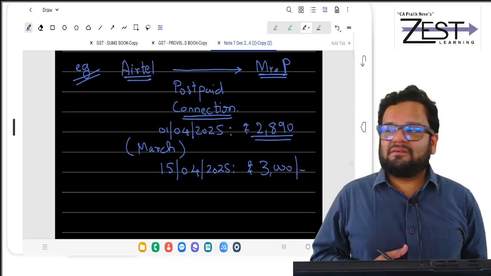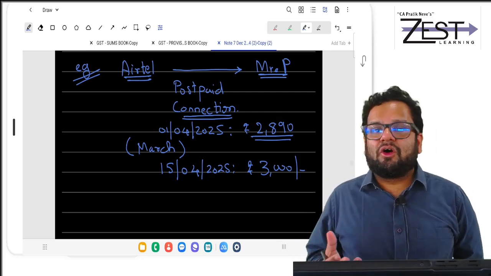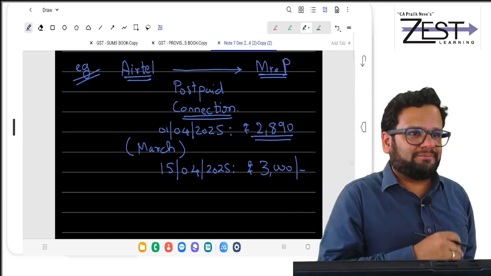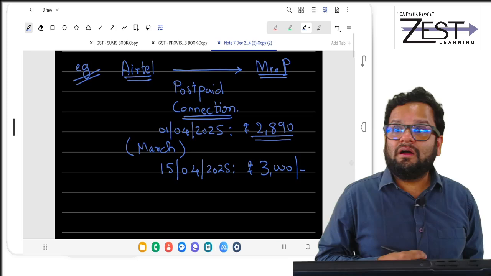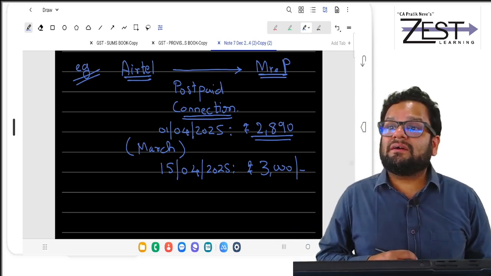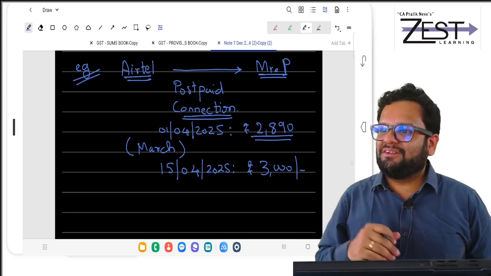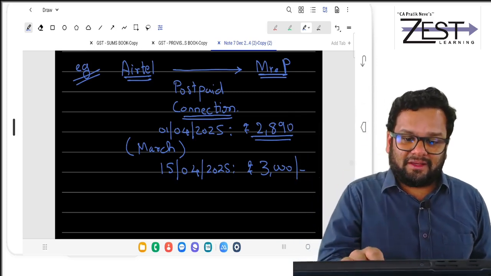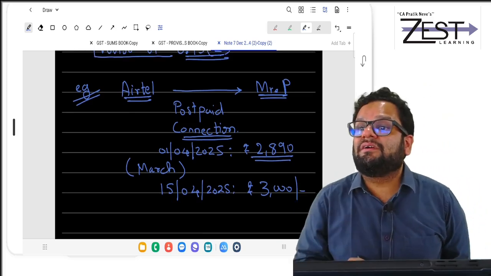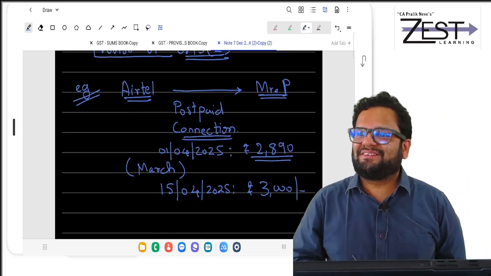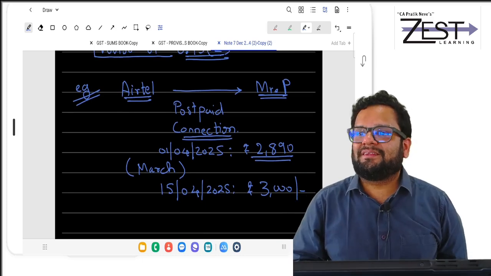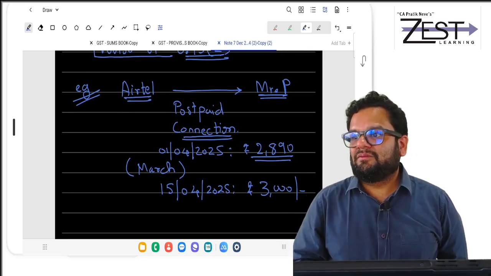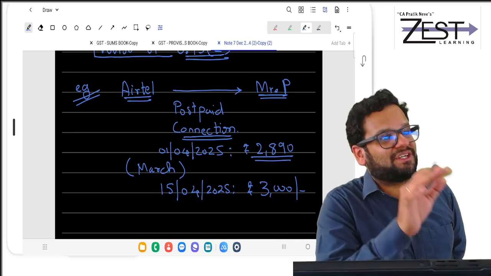What will happen with this 110? Is it my wastage, or will it get adjusted? It will get adjusted in the next invoice. In short, Bharti Airtel Limited has today received an advance of 110. They should actually pay GST on this immediately.